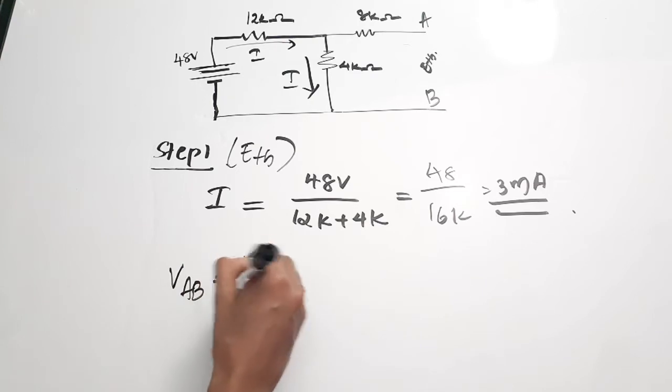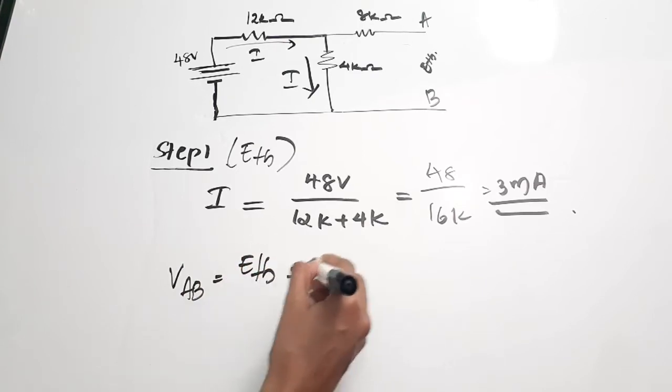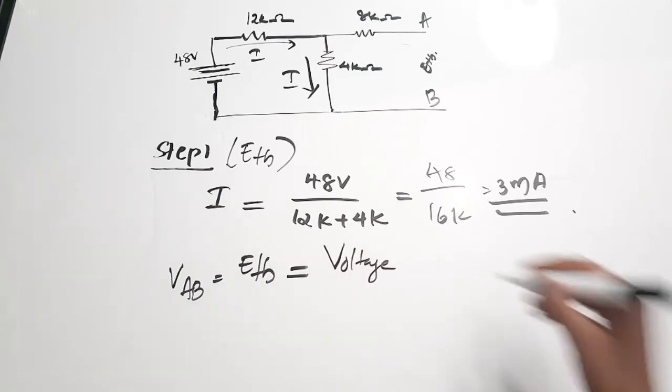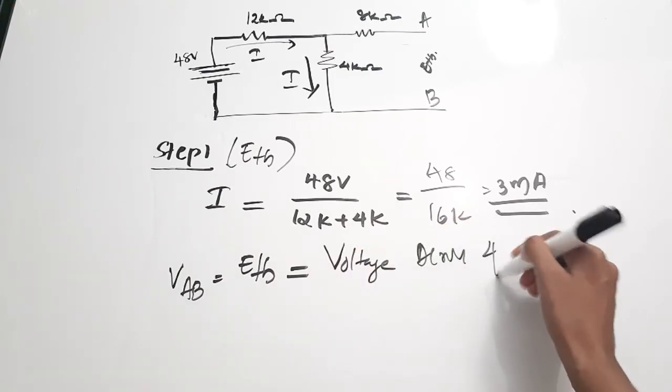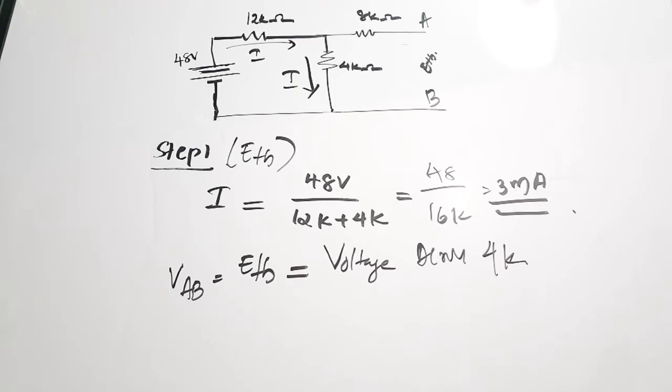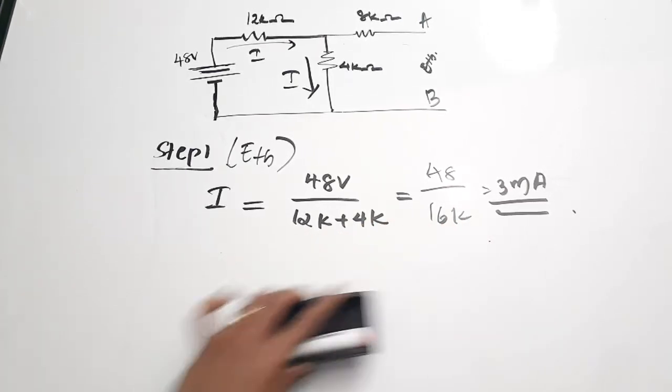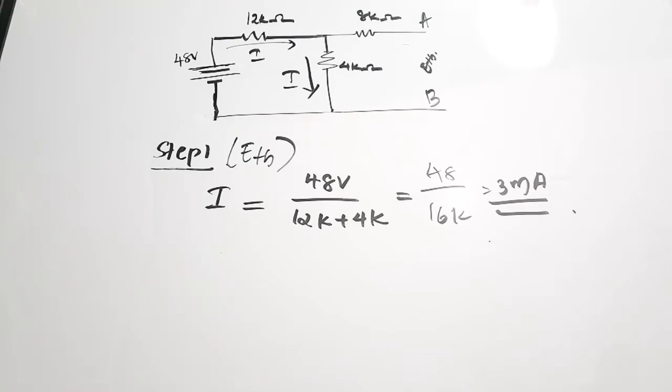VAB is equal to, we have called it ETH, that is equal to voltage across 4K. Very simple, right? So, in order to find ETH, we actually need to find what is the voltage coming across the 4K ohm resistance.